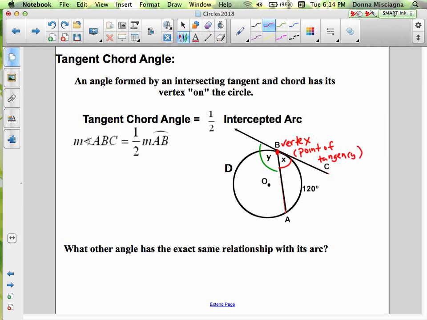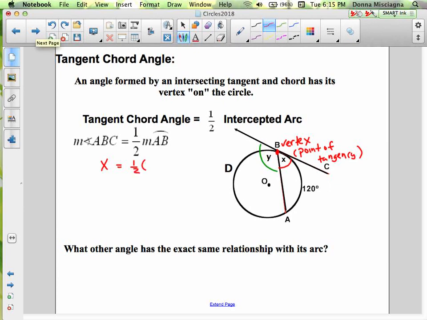So that's it. The tangent chord angle is equal to half the intercepted arc. So that means that the measure, and this is in your notes, the measure of angle ABC is half the measure of arc AB. And we see that we have an X there for angle ABC. That's going to be equal to 1/2 the measure of arc AB.